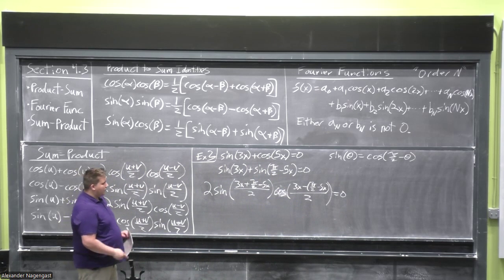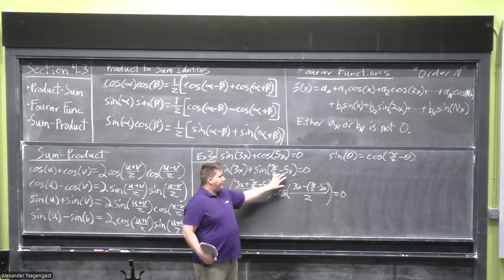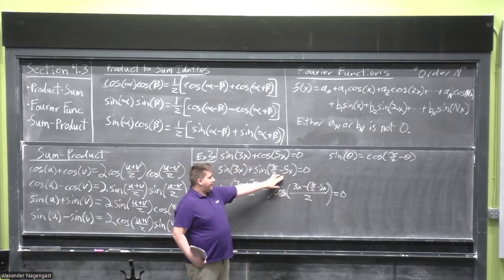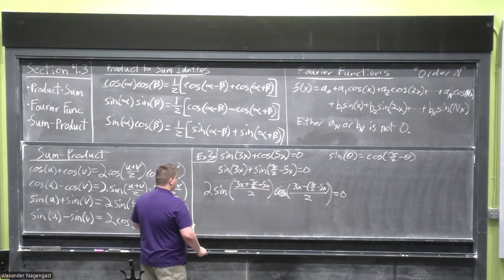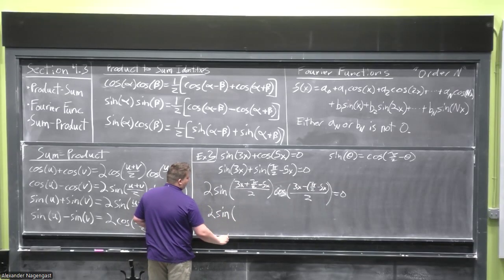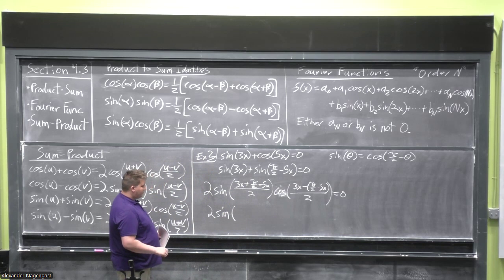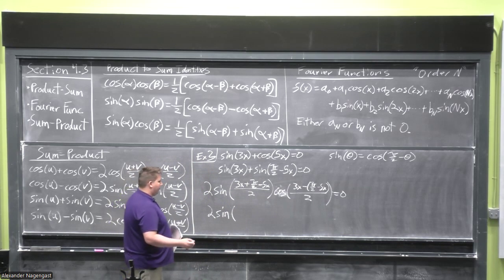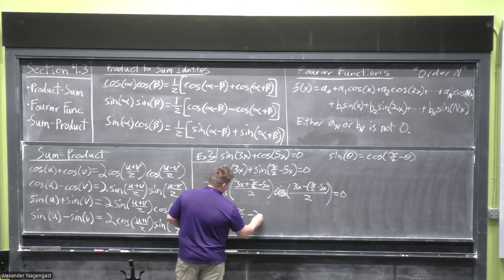So note that this minus is to the quantity of the entirety of the inside function. So this negative will distribute. So let's simplify, and we have 2 times sine of 3x minus 5x is negative 2x. When we divide by 2, we're left with pi over 2 minus x.